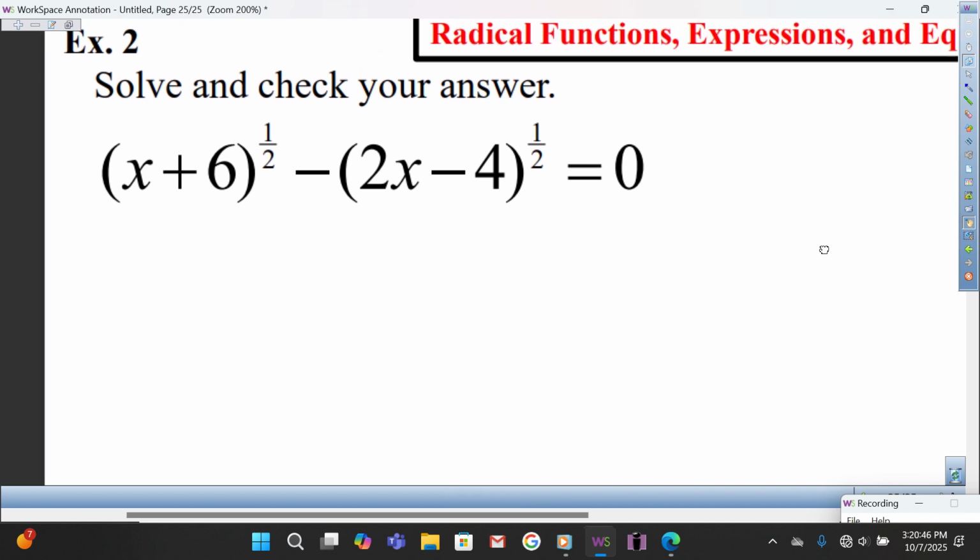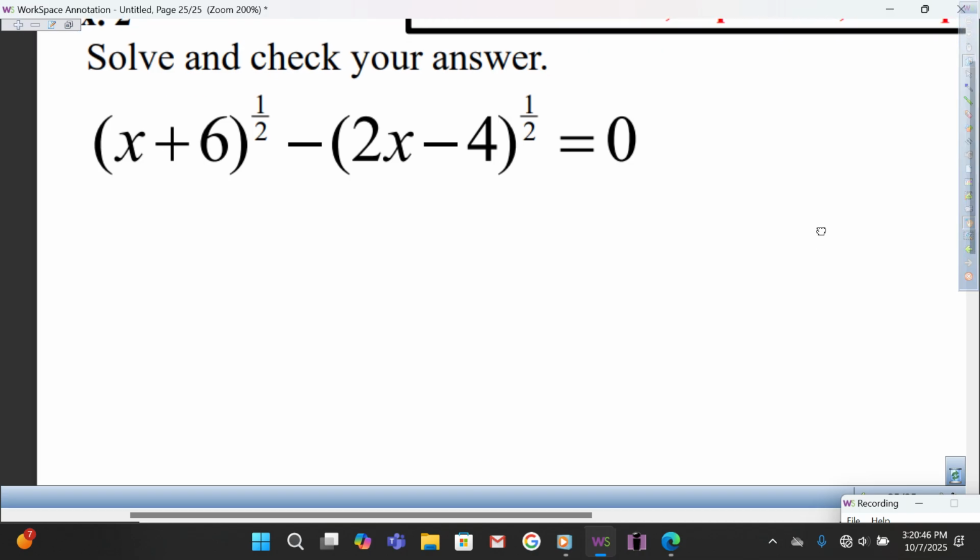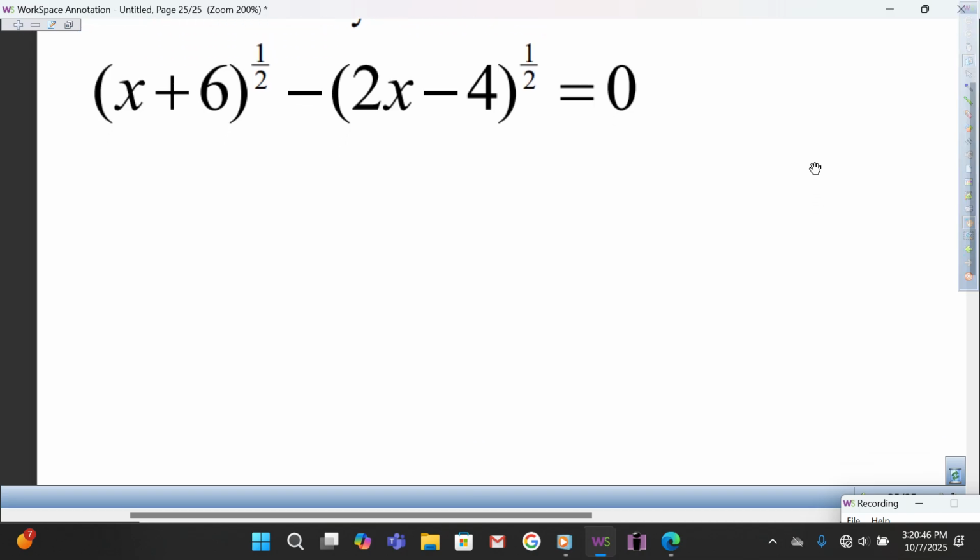Parentheses, x plus 6 to the 1/2 power minus, parentheses, 2x minus 4 to the 1/2 power equals 0. Okay, watch. Look how I prepped you like 3 weeks ago.